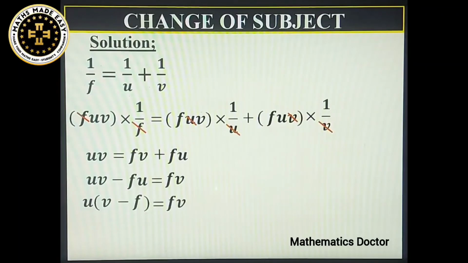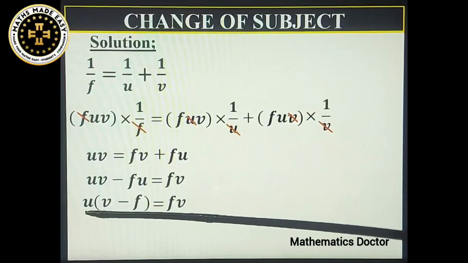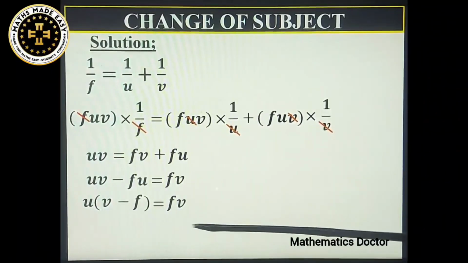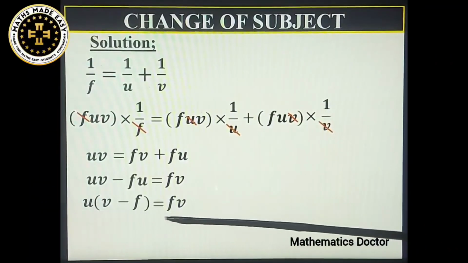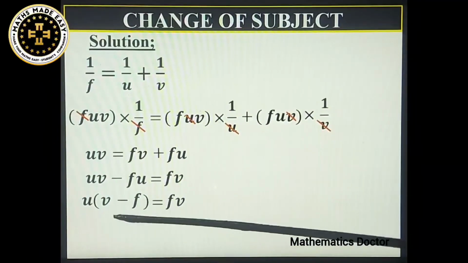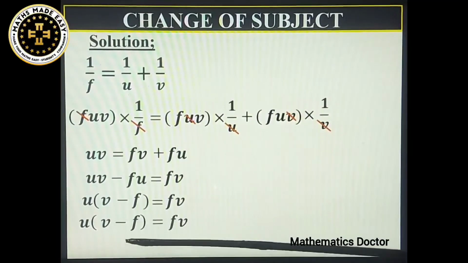Now that we have been able to factorize out u, we've succeeded in making u a single term. So u is now a single term. There is no other u in this expression. So we can go ahead and repeat this same expression and divide through by the term v minus f. So let's repeat the expression.